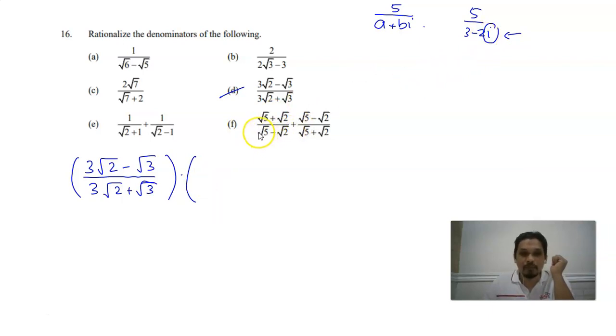Only for surds, for example here, it doesn't matter whether you change the sign from positive to negative for this part or this part. You don't mind, as long as, for this question, we come up with negative square root of 7 plus 2 and negative square root of 7 plus 2.